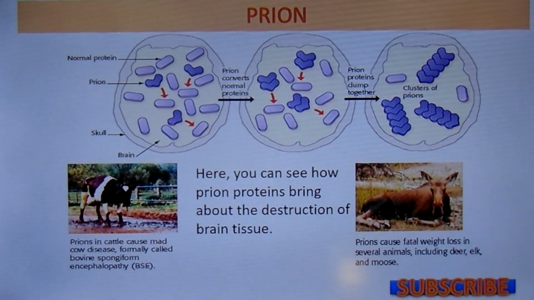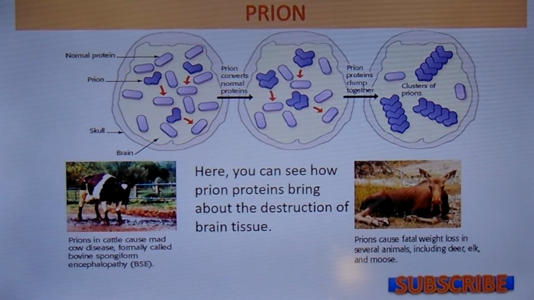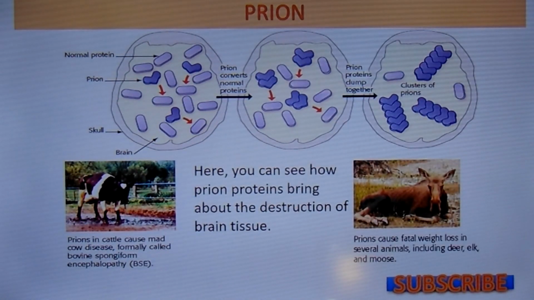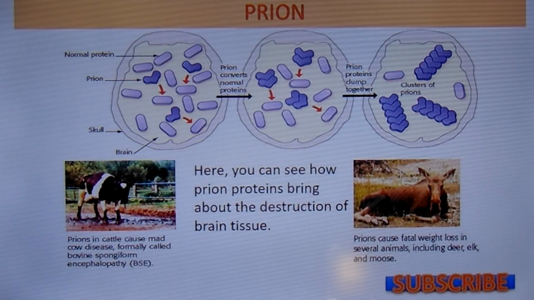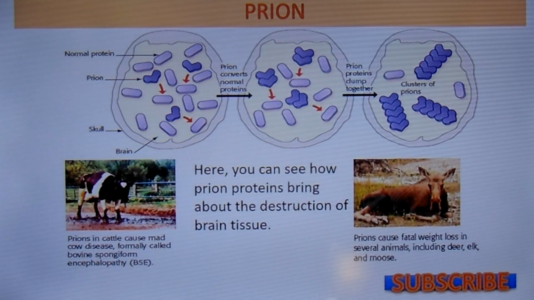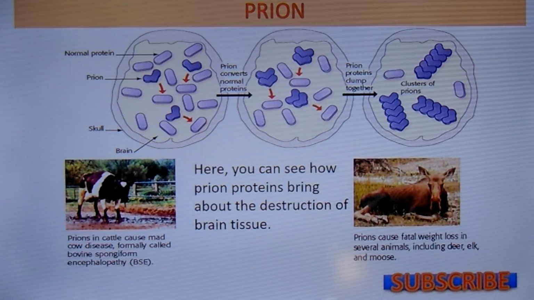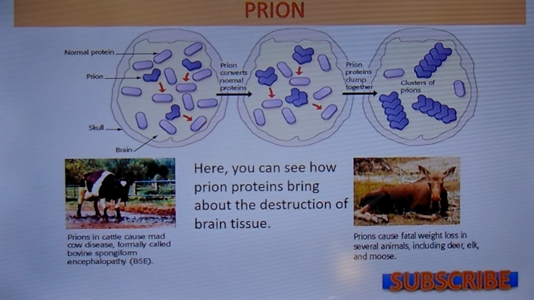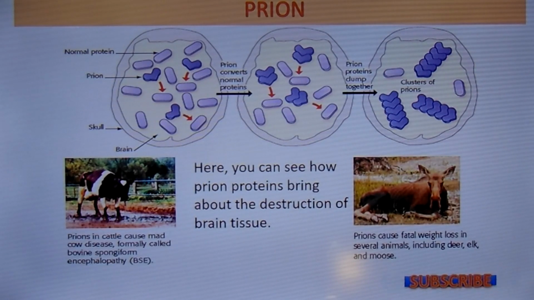Misfolded versions of abnormal brain proteins infiltrate the brain, converting normally folded proteins into the abnormal shape. Clustering of misfolded proteins eventually disrupts brain function. Here you can see how prion proteins bring about the destruction of brain tissue.